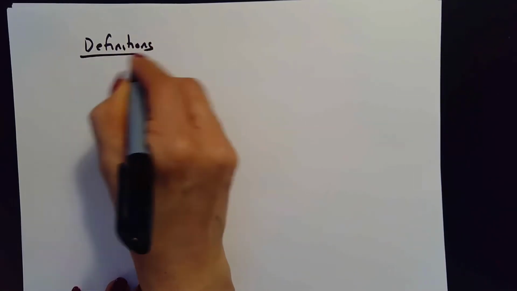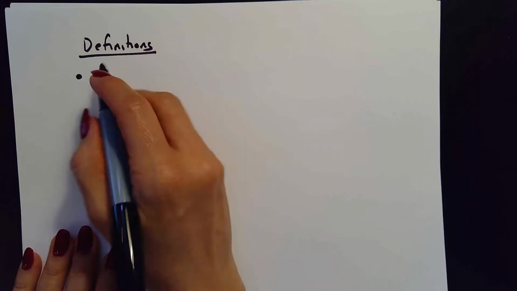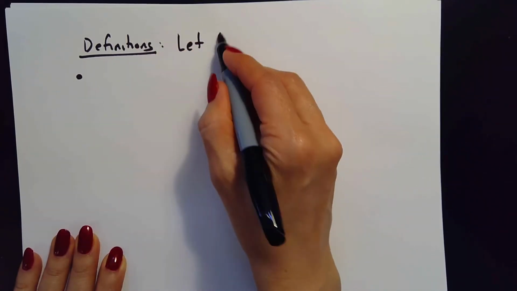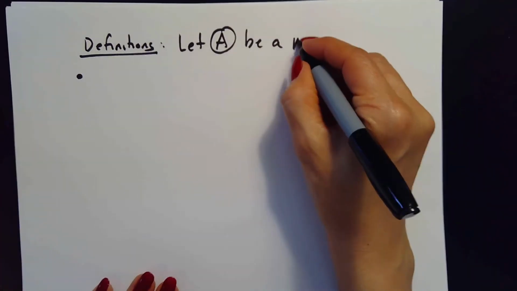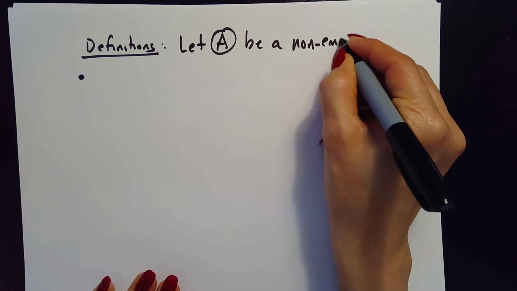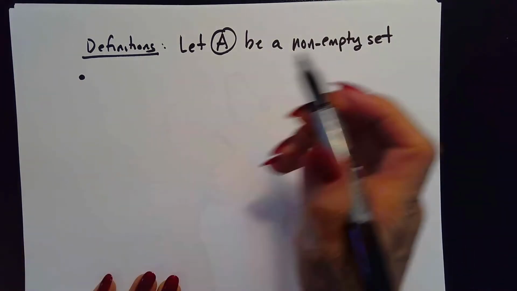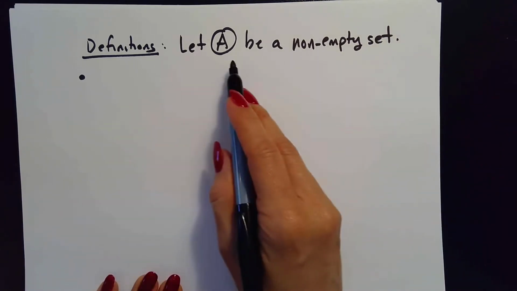Definitions. We need to know what is a complement of a set. I'm going to begin by saying let A be a set, a non-empty set.